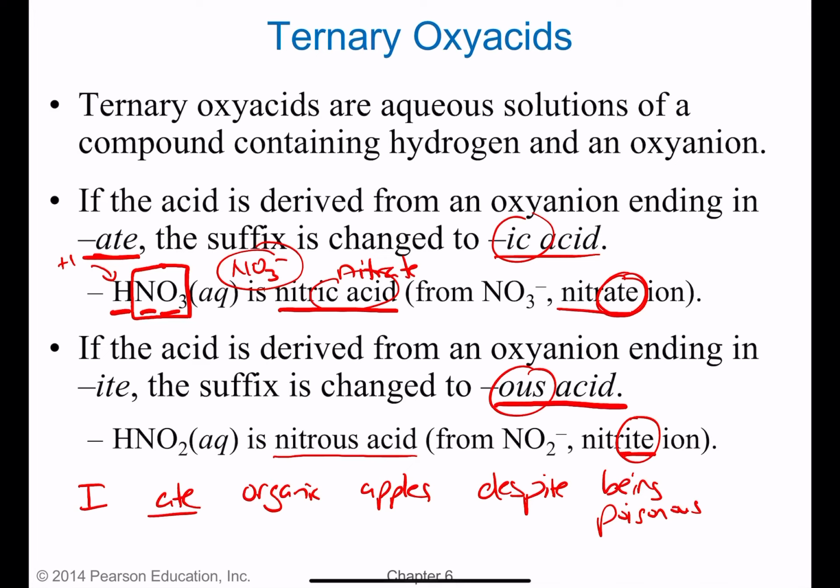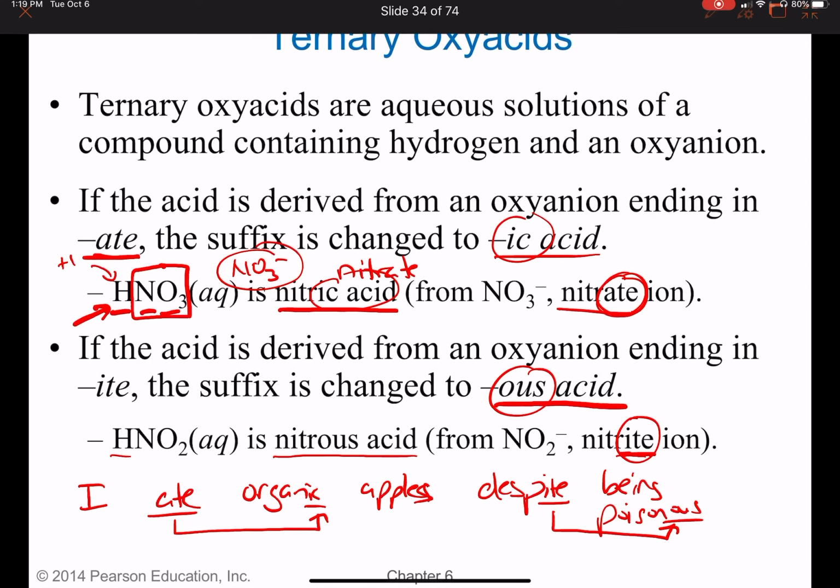ATE becomes the IC and ITE becomes the OUS. So that's just a little way that you can try and remember that trend. ATE polyatomic ions, when they become acids, where you're basically coupling it with a hydrogen, become ic acid, and then the ITE polyatomic ions, when you make them into an acid with a hydrogen, become OUS acid.